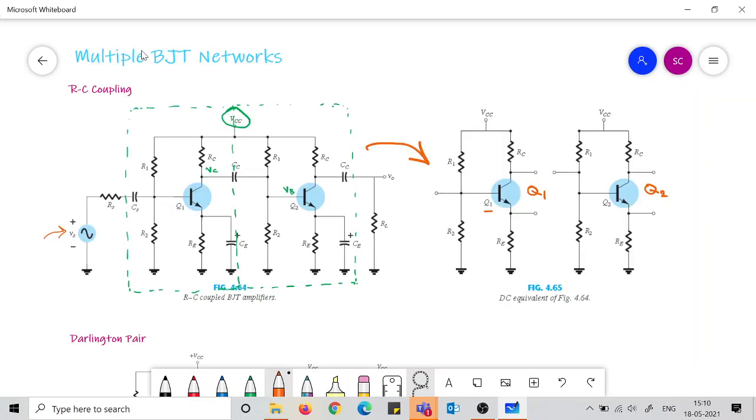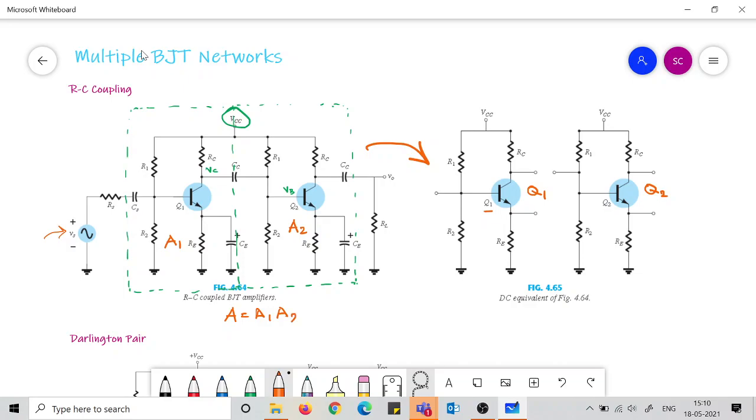And then there is another stage of amplification. So what happens? The amplification is multiplied. So if there is an amplification of suppose A1 in this particular stage and A2 in this particular stage, then the net amplification will be A1 and A2.